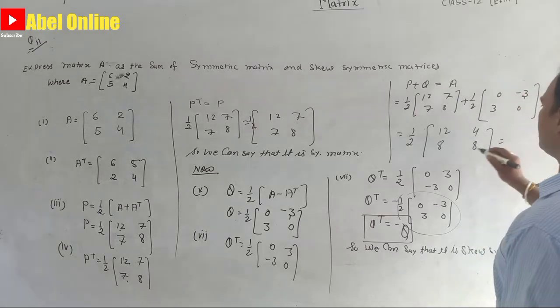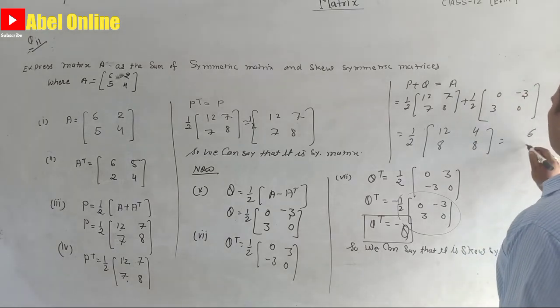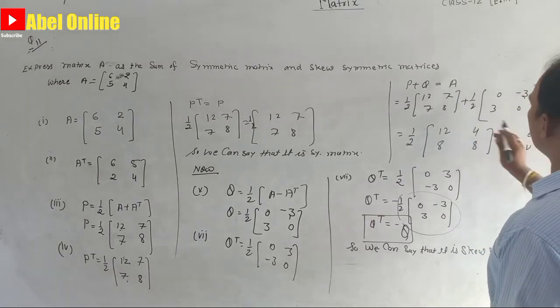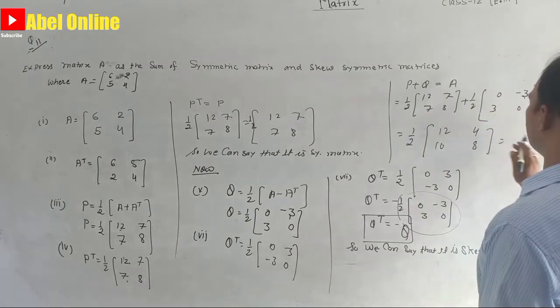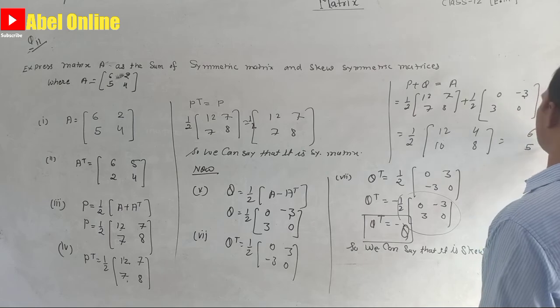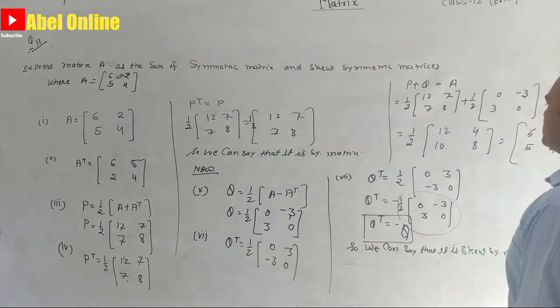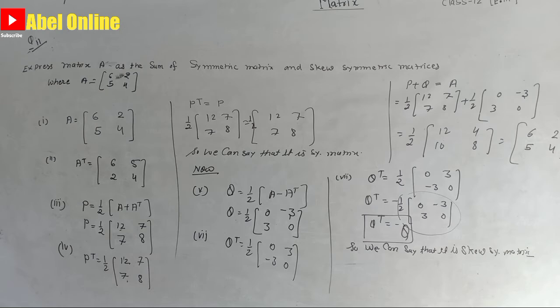So this is 6, 2, 10, 5, and 4. So what about the execution? A equals 6, 2, 5, 4. So this is the A. So we can say that P plus Q equals A.